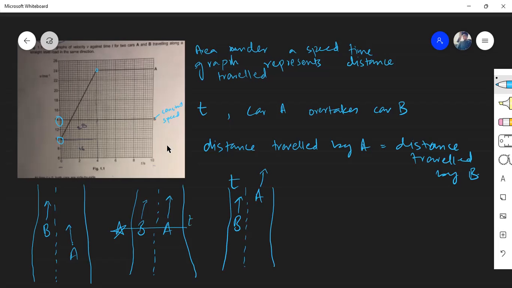This is the time t that we're looking for, because after this time t, car A overtakes car B, and it can be anywhere on this graph. But we're not concerned about this right now. We're concerned about you being able to follow why we're using the distances traveled by A and by B. Why are we so concerned about that?